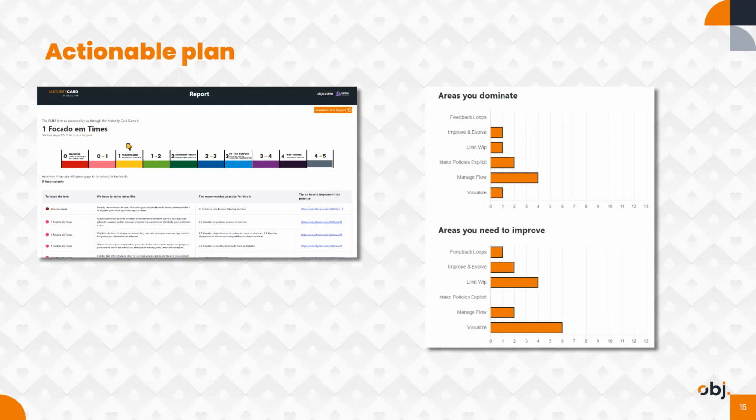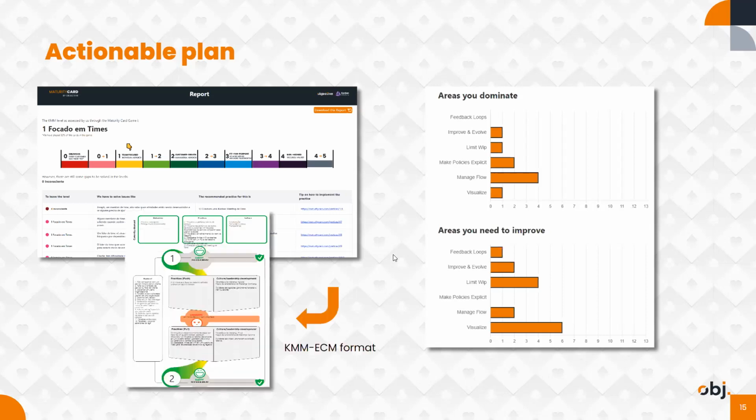One more click, Marcelo. And we generate the ECM format from KMM. So you can use it as a report to go through on a daily basis, to see what you found during the game and how you can do everything.